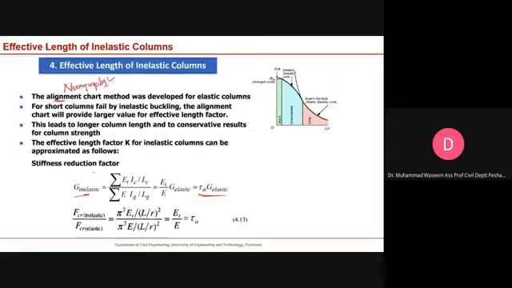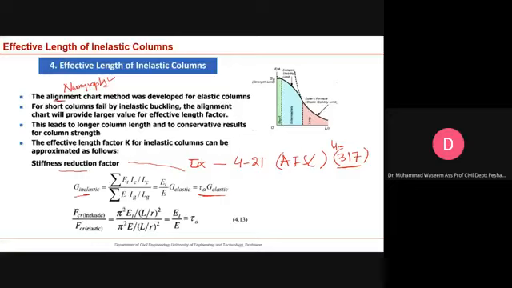So you have to use the stiffness reduction factor, and this stiffness reduction factor is this one. As I told you, we can use Table 4-21 in AISC, and if I remember from my previous class, you can find it on page 3-17.